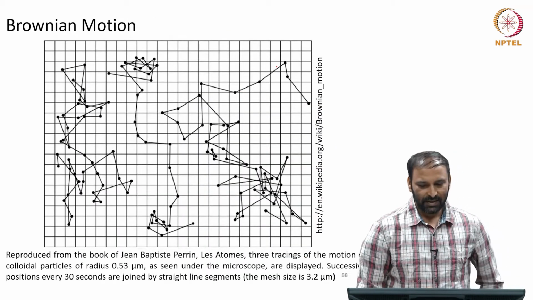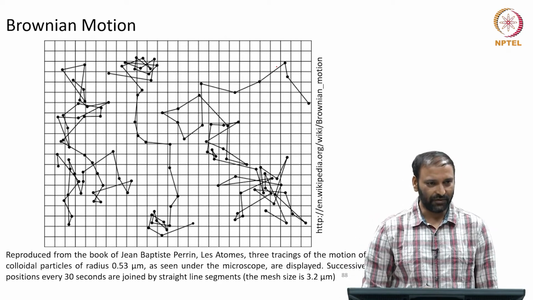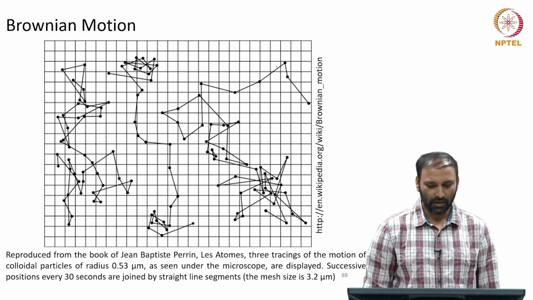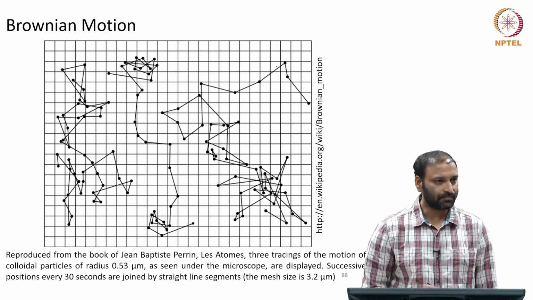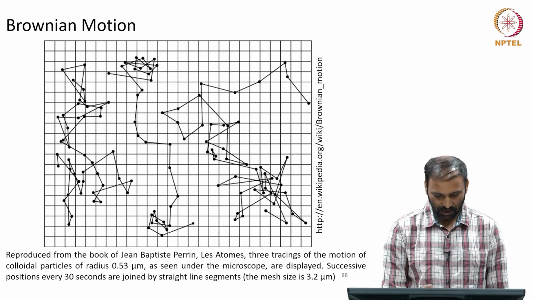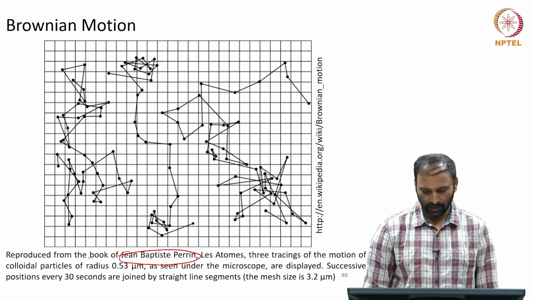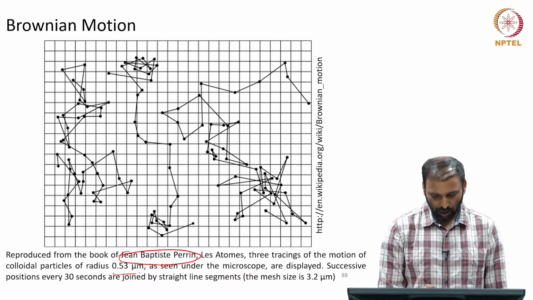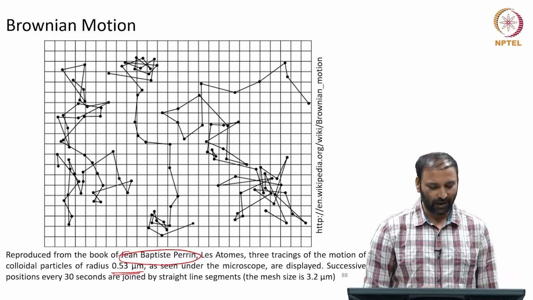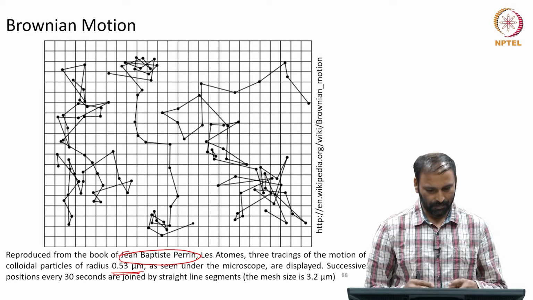So these are some typical trajectories of the particles that were recorded way back in the 1920s. This is from the work of Perrin. He used colloidal particles of 0.53 micrometer in radius, and he prepared a sample.